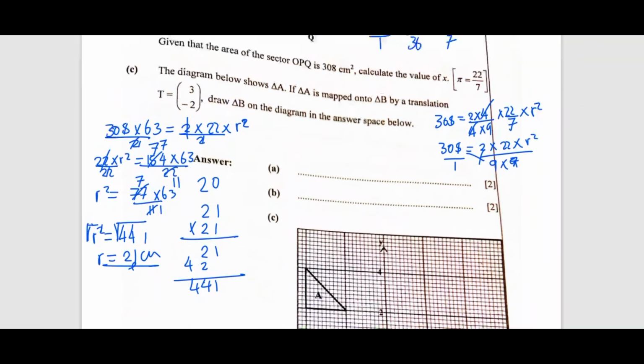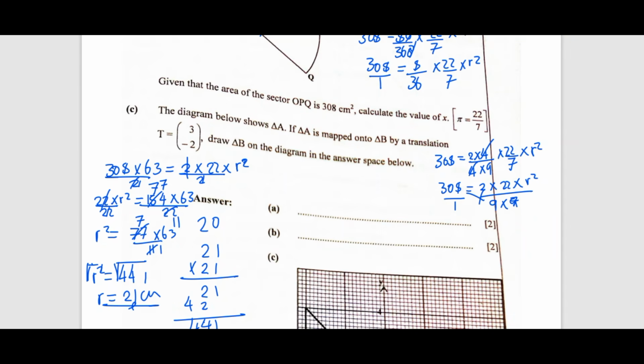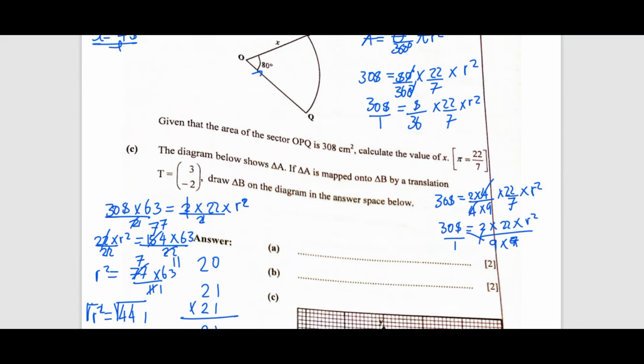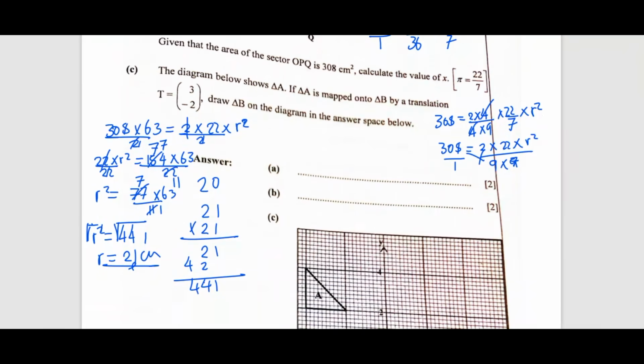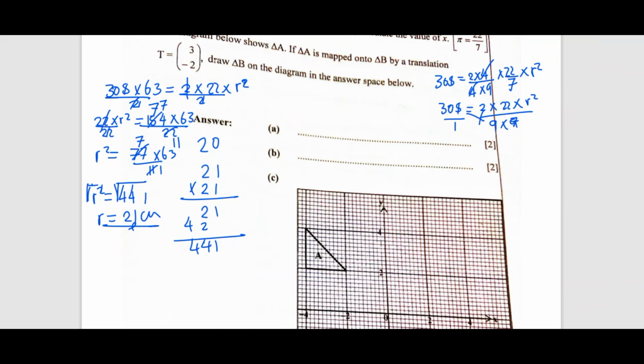Now let's go to the diagram below, which shows triangle A. If triangle A is mapped onto triangle B by translation T, draw B on the diagram in the answer space below. So the translation vector is (3, -2).